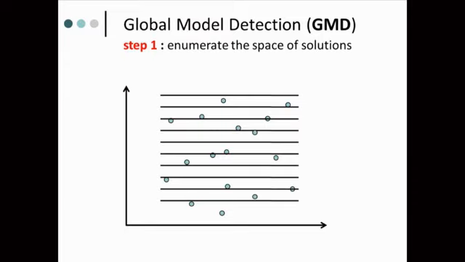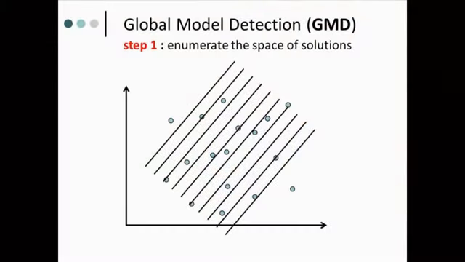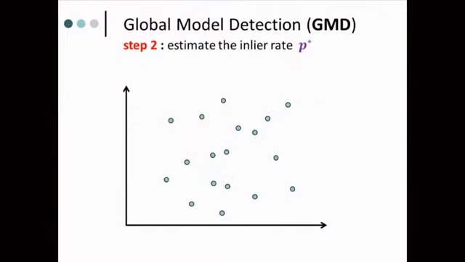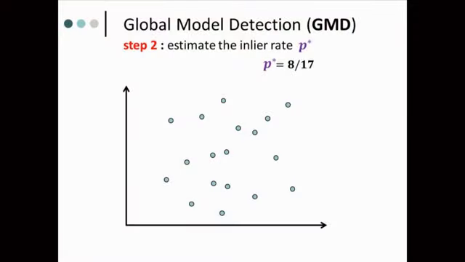We look at different orientations. And once we have this sample of lines, the second step is to directly estimate the inlier rate P star. Now, assume we've managed to do that, and we somehow know now that P star is 8 out of 17.